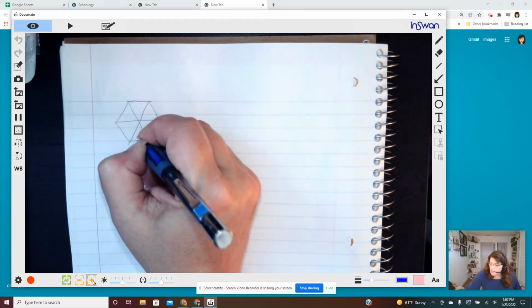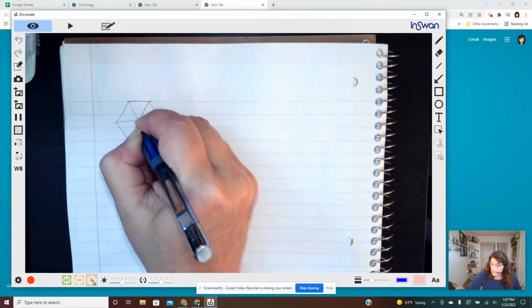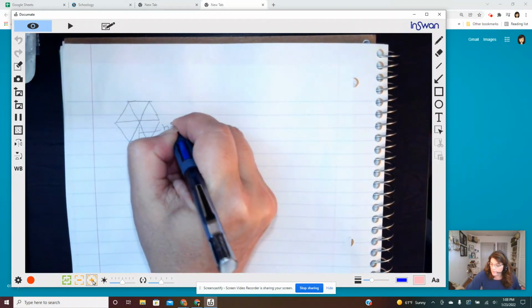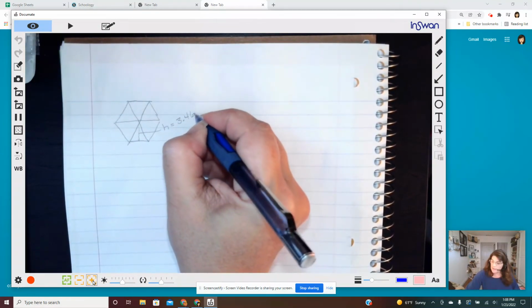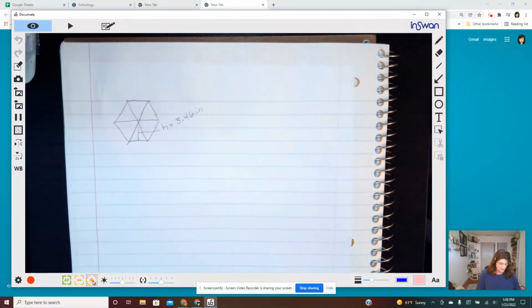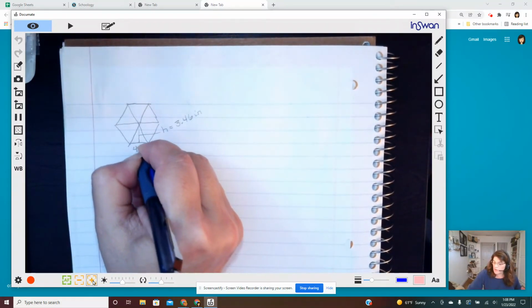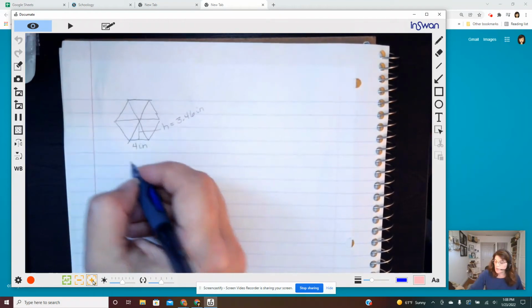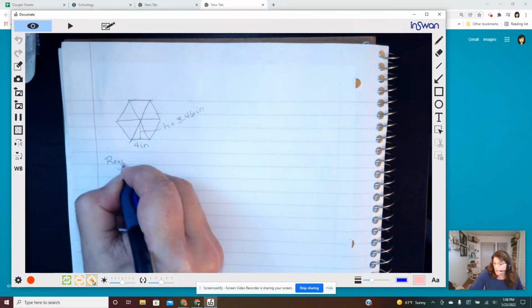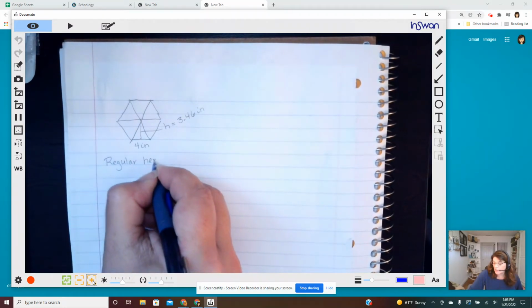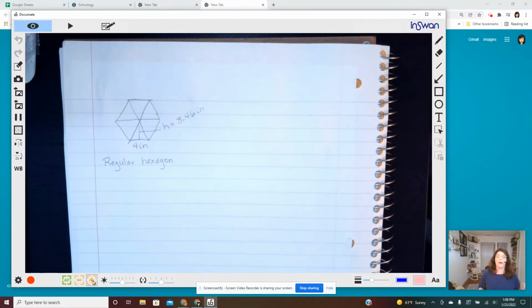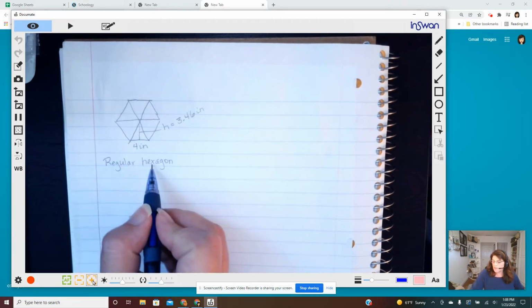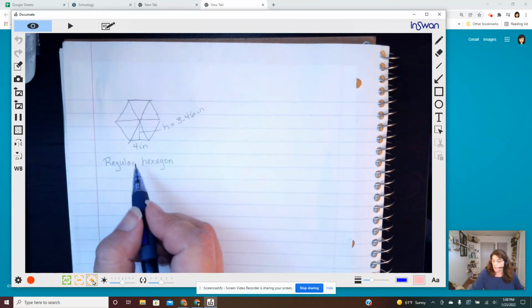So if I told you that this hexagon had a height of 3.46 inches and had a base of 4 inches, and I told you that it's a regular hexagon, meaning 6 sides all equal. I know my drawing isn't equal, but we're going to believe it's a regular hexagon, 6 sides all equal.